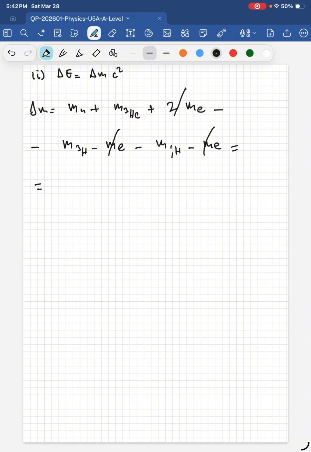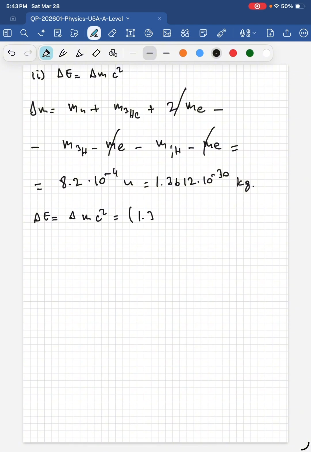And if we use the values from the table, we will find that this is 8.2 times 10 to the minus 4 atomic mass units, which is equal to 1.3612 times 10 to the negative 30 kilograms. Therefore, delta E is delta m c squared.